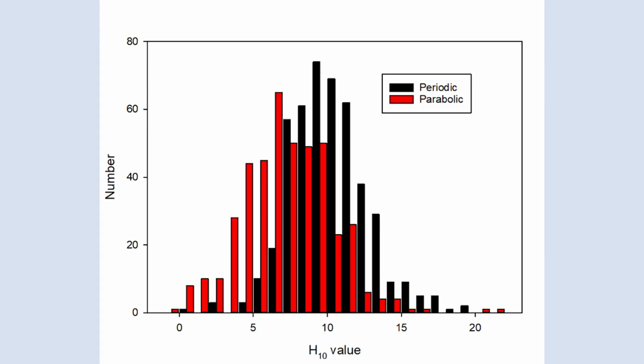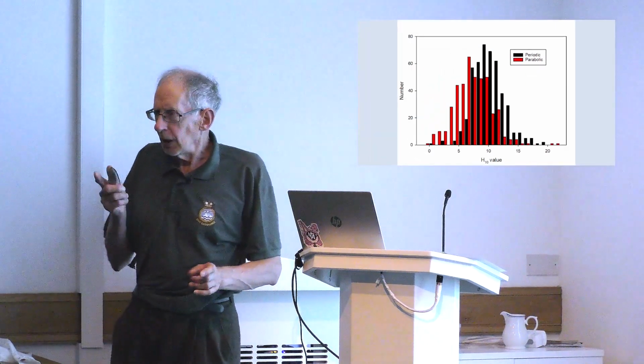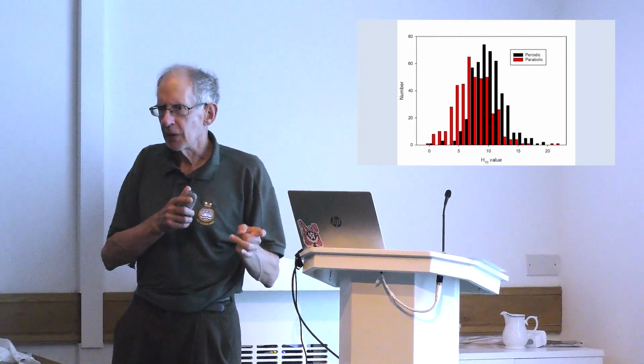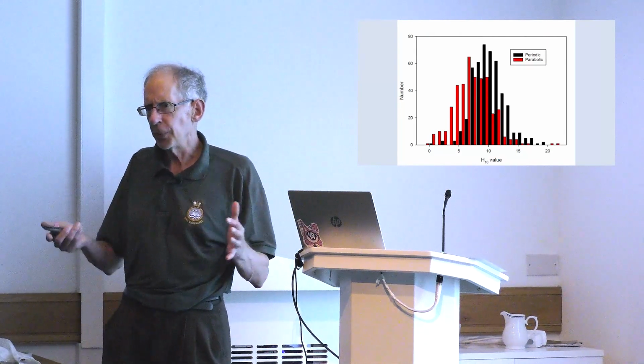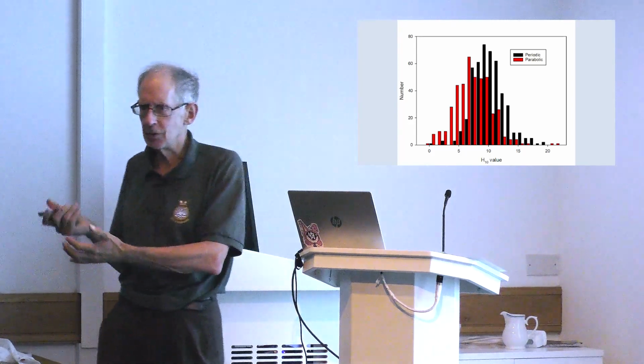But when we look at the different types of comet, and here I've only looked at whether they're periodic or parabolic, we can see that there's quite a difference in the absolute magnitude of those comets. Because it was mentioned in one of the earlier talks that actually there are two populations of comets, the Oort cloud comets and the Kuiper belt comets.